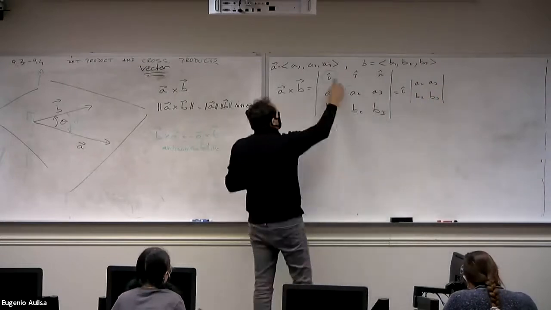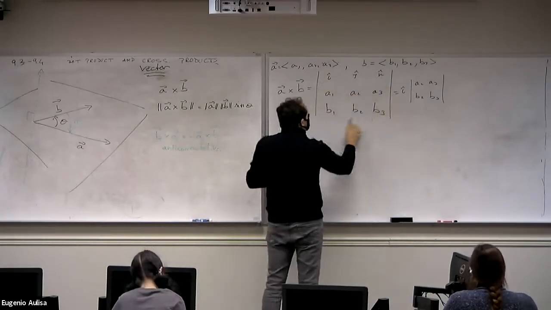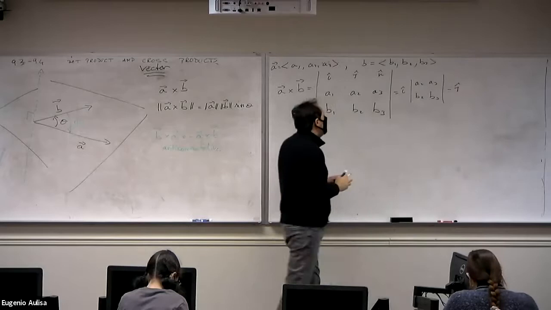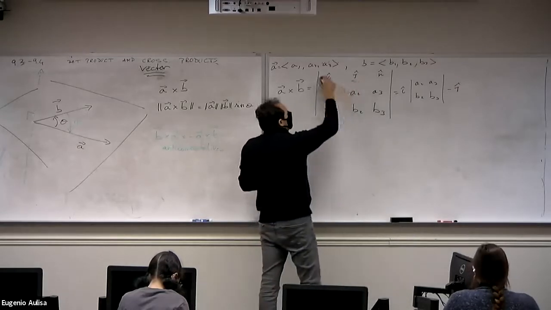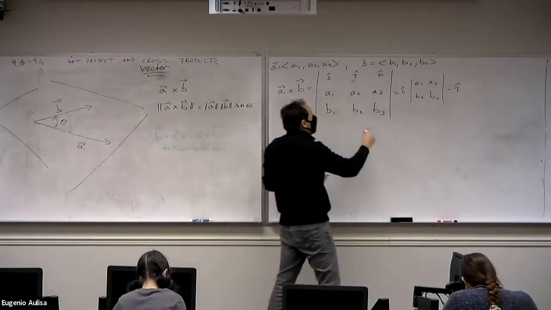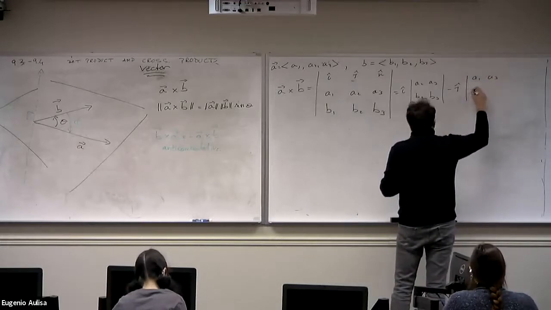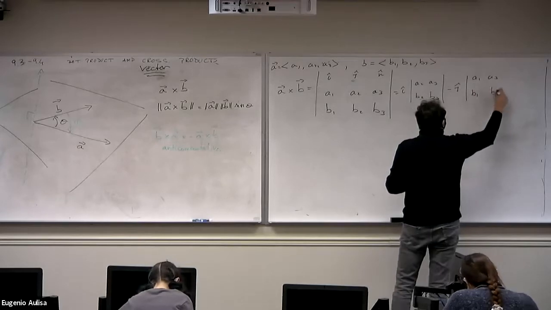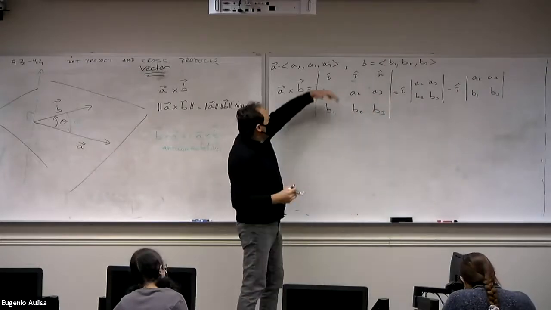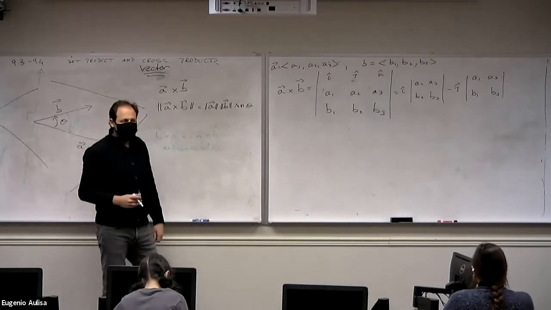Then you move to the second entry of the first row, but you need to change the sign. So it's going to be minus j, which multiplies the determinant of the minor, A1, A3, B1, B3, obtained by dropping the row where j lives and the column where j lives. Okay?